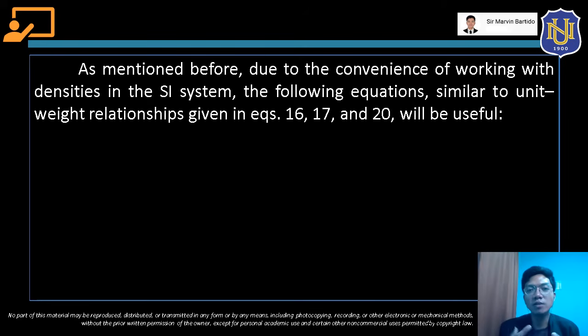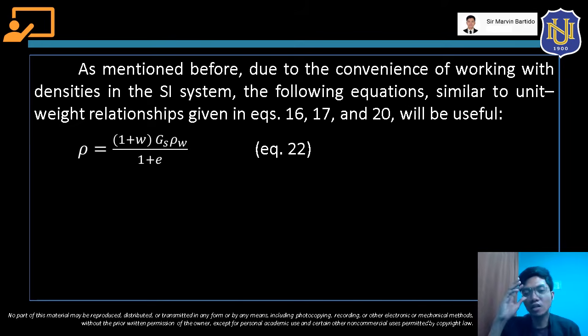Okay, so there are times class na mas convenient na ang gamitin na lang natin is yung density instead of unit weight. So class, pwede natin makuha yung mga equation similar to unit weight relationships given in equation 16, 17, and 20 in terms of density. Okay, so yung doon class sa equation 16 natin, yun ay unit weight.